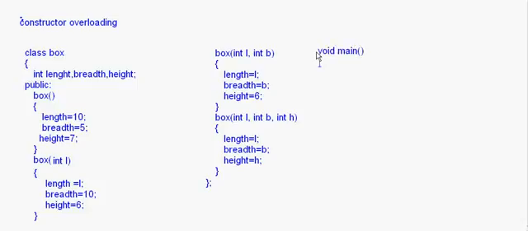Now I am going to make the main method. Inside the main method I will be making objects of the box class. Supposing I write box B1, and then within bracket I write 10, sorry, B2 it will be here.